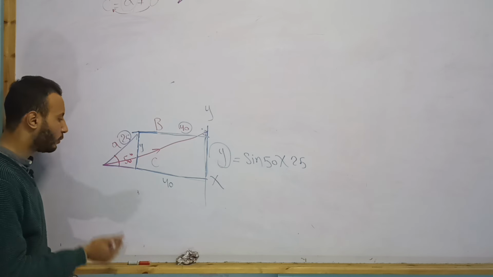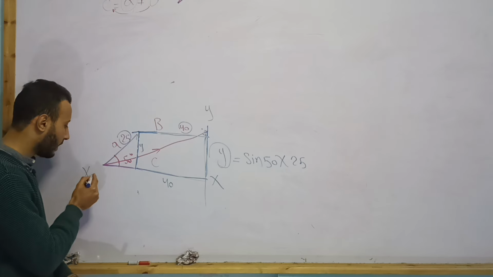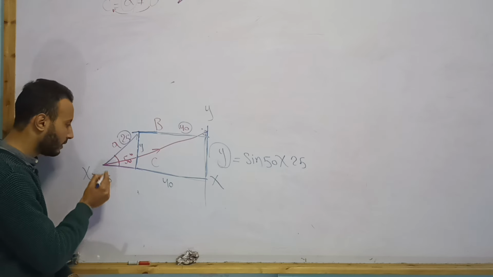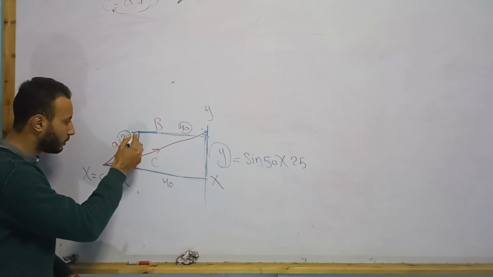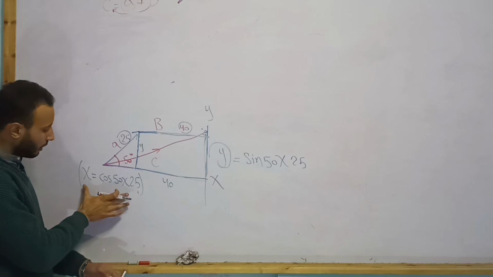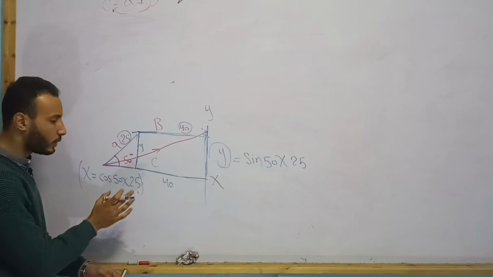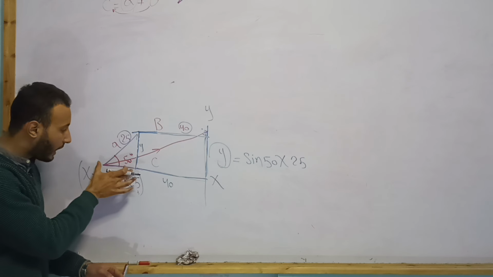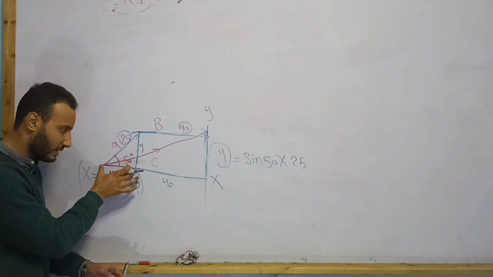So let's get this part, the x component. How can we get the x component? We always say x equals cosine theta, 50, times the vector, 25. Cosine 50 times 25. You can do it on your calculator like this.